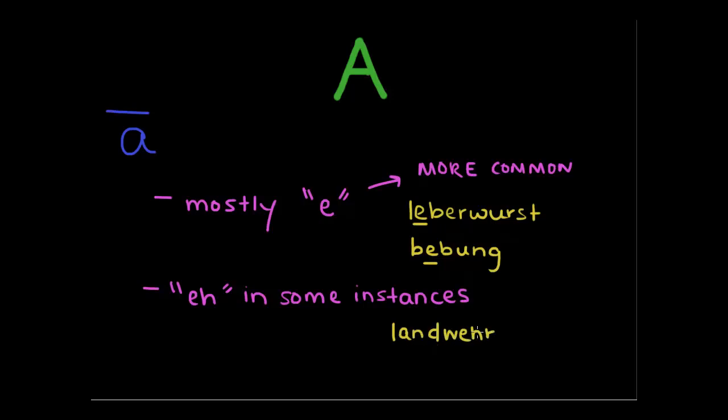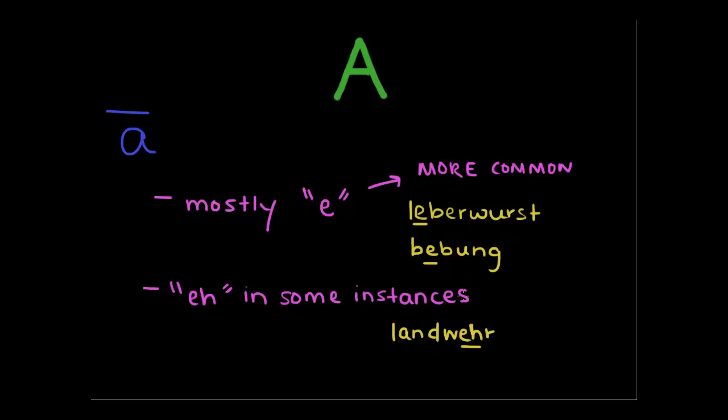Landwehr. Wehr means defense in German, so if you knew that, you'd be well off. Also, if you try to imagine this being just an E, like Landwer, it might not seem right. Your intuition might not like that. But again, that would take a while.